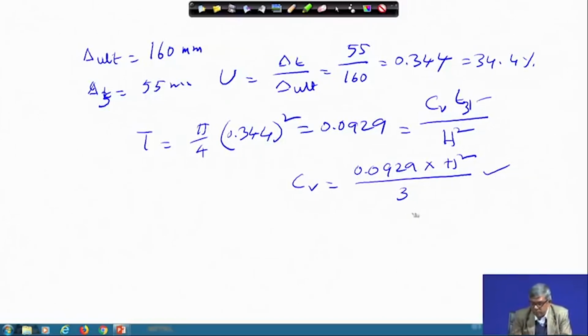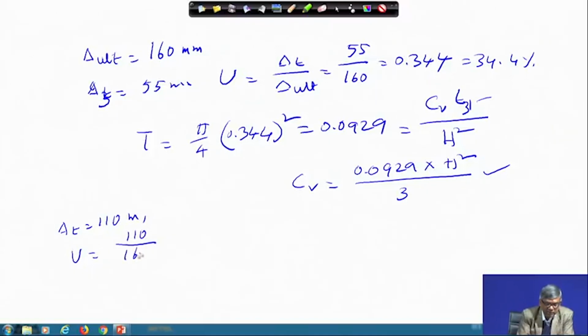Now, H is also known. You can put the value and calculate, but I am not doing it because I can substitute this directly. Then when it is 110 millimeter settlement, U becomes 110 divided by 160, which is 0.6875, that means 68.7%.